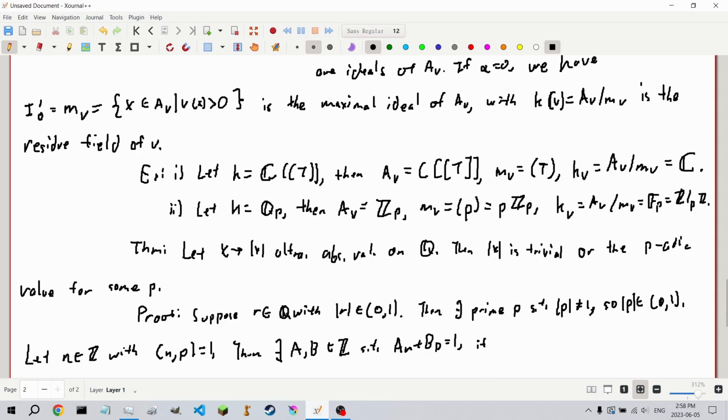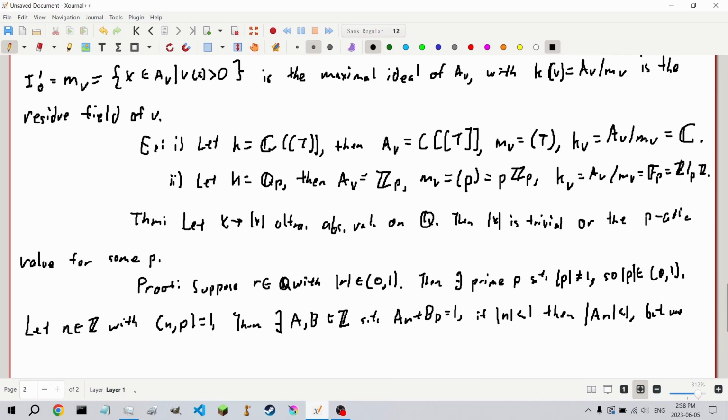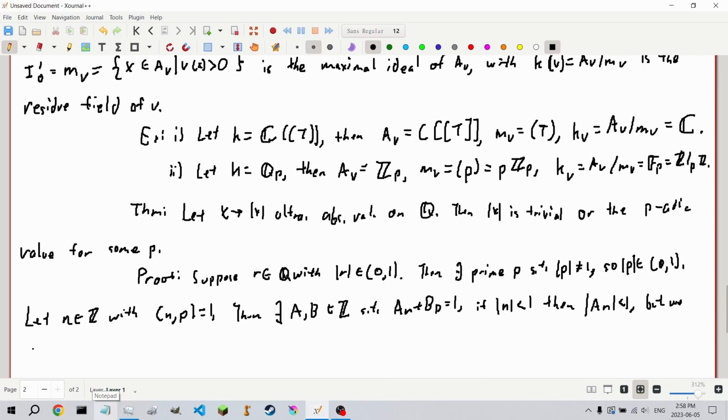So if the absolute value of n is less than 1, then the absolute value of a times n is less than 1. But we know that the absolute value of p is less than 1.